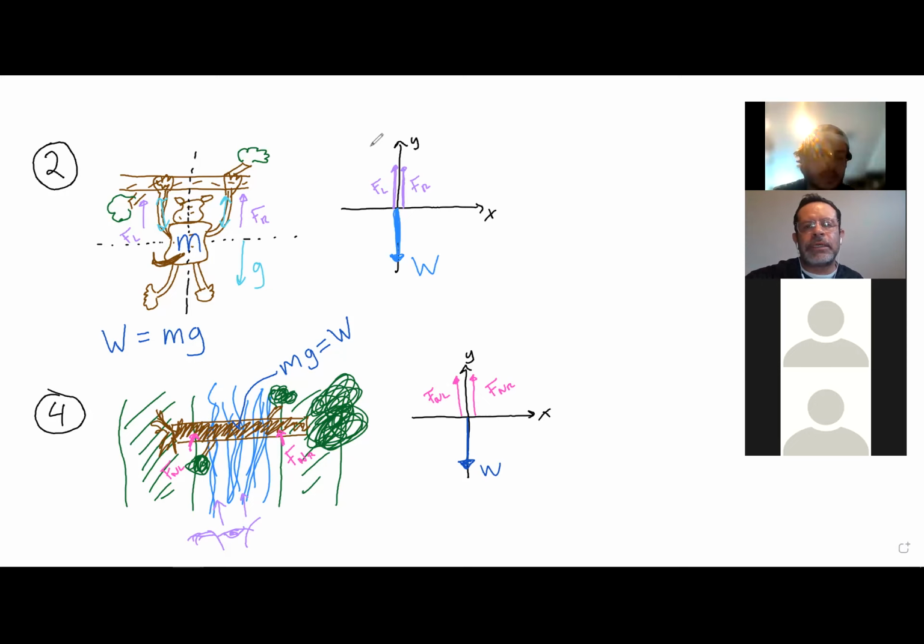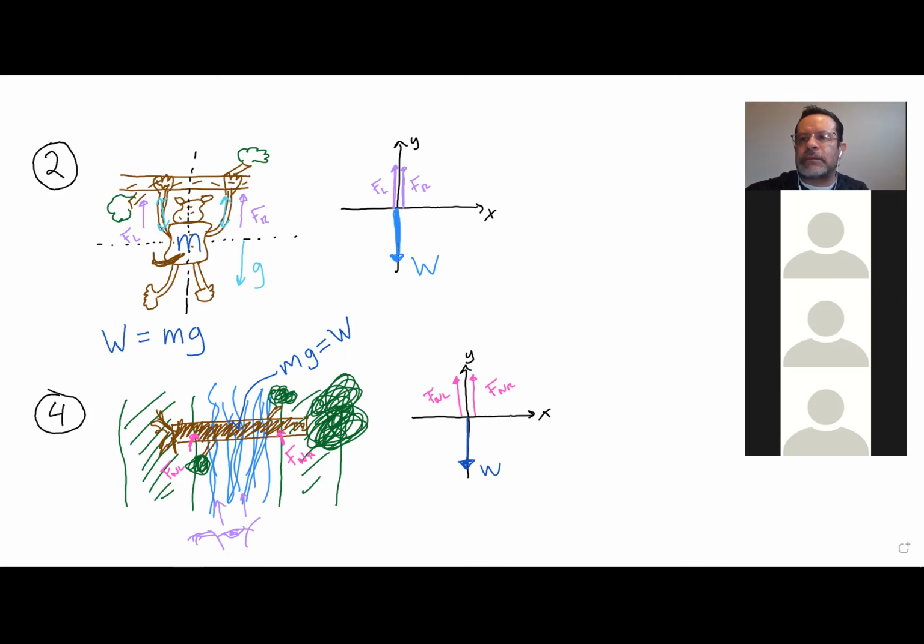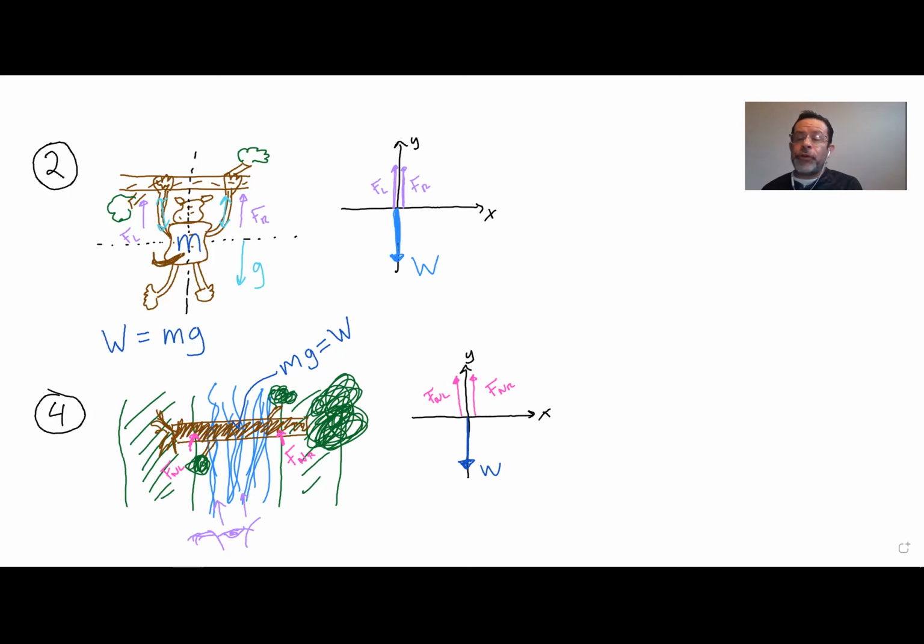Well done, Ricardo. It's exactly that, Ricardo. The two free body diagrams and representations of the forces look the same. However, for problem number 4, the system is static because the tree is resting and nothing's moving.